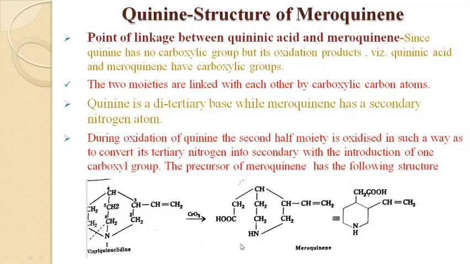This nitrogen converts into a secondary amino group, and this CH2 group oxidizes into a COOH group. So this is the precursor of meroquinone, which is equivalent to meroquinone. A very important precursor of meroquinone.